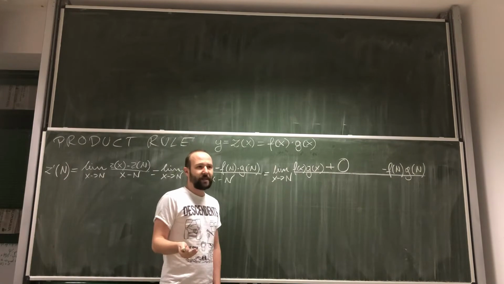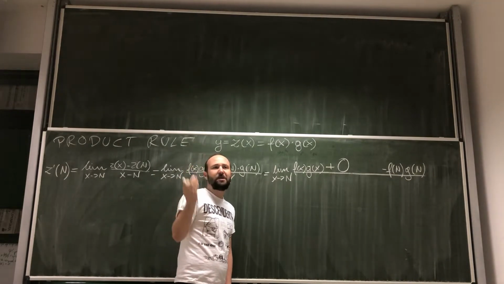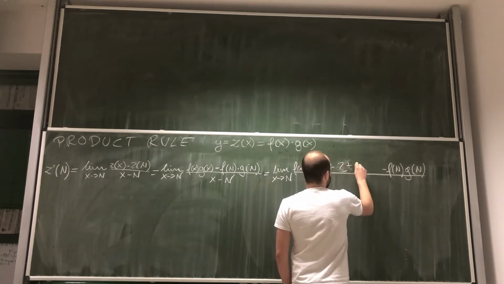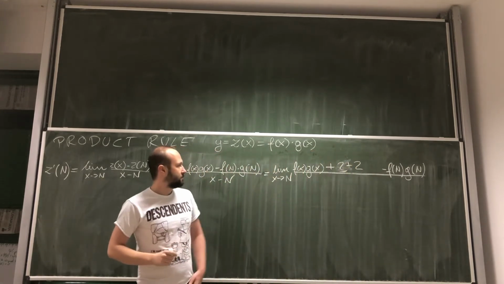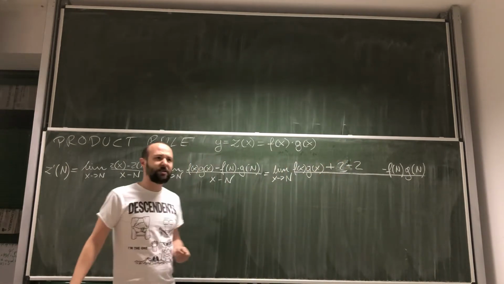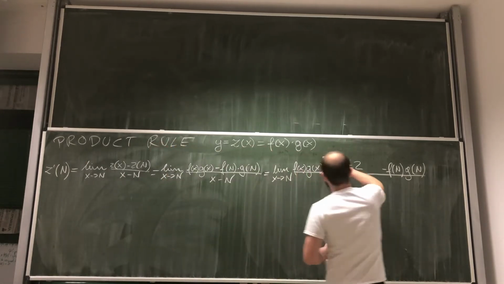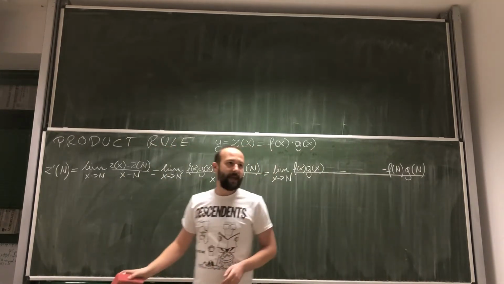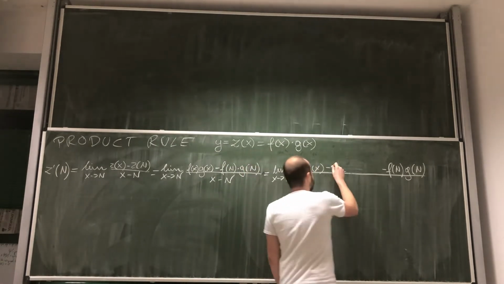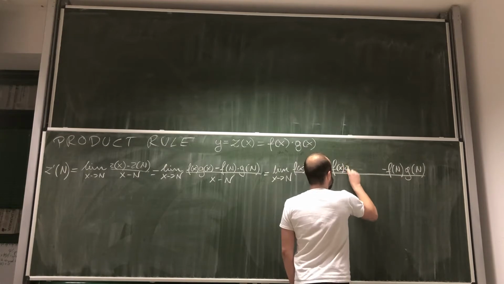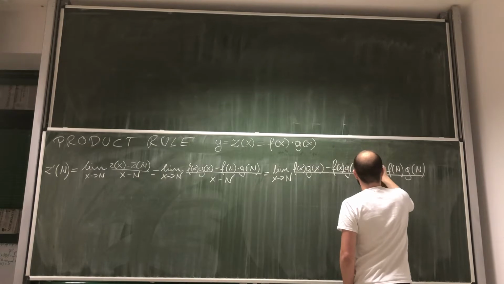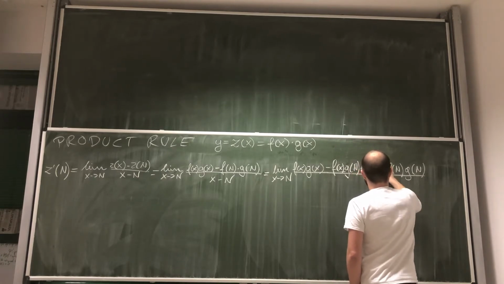0 can be expressed in various different forms, right? 2 minus 2 is 0. So let's use the trick like that, and let's put in an expression: minus f of x times g of n plus f of x times g of n.